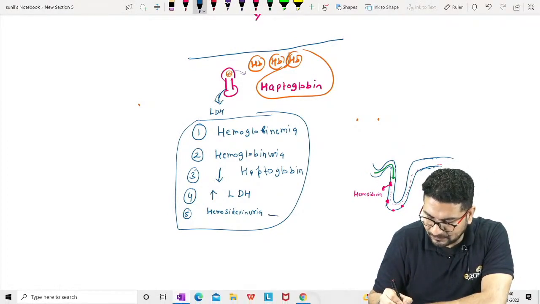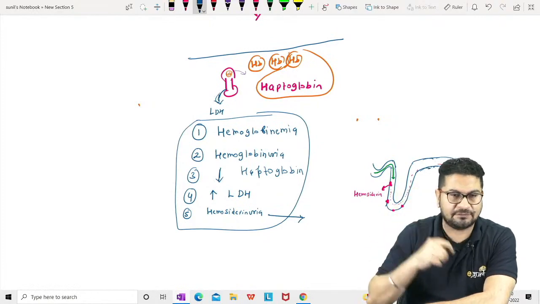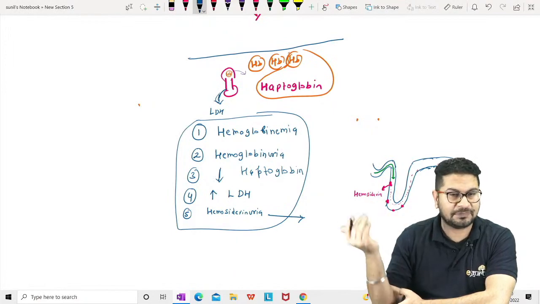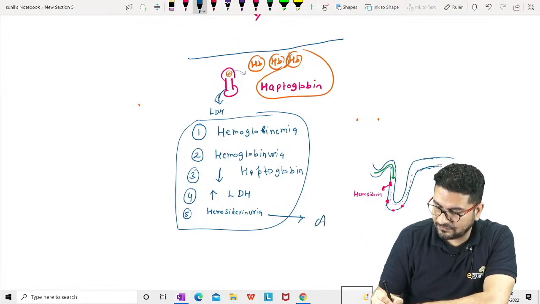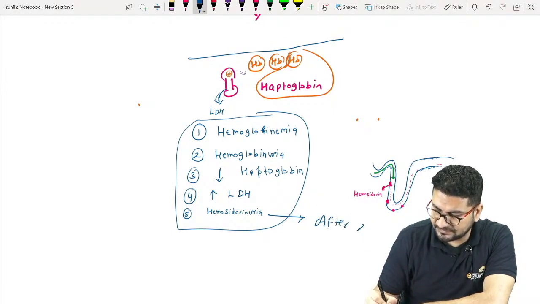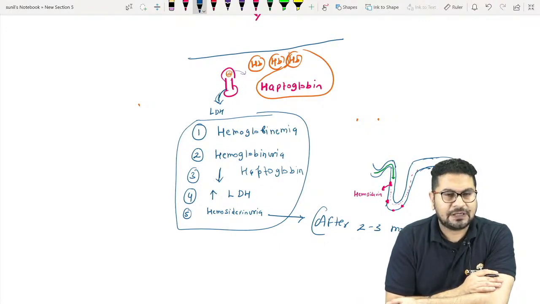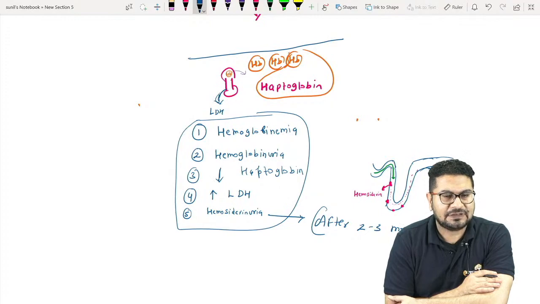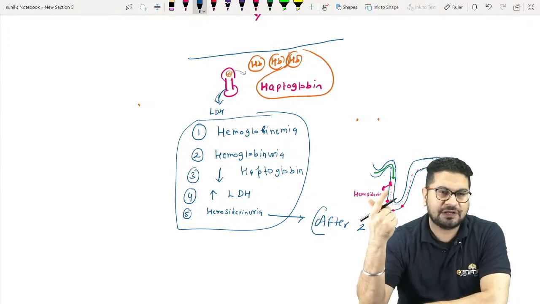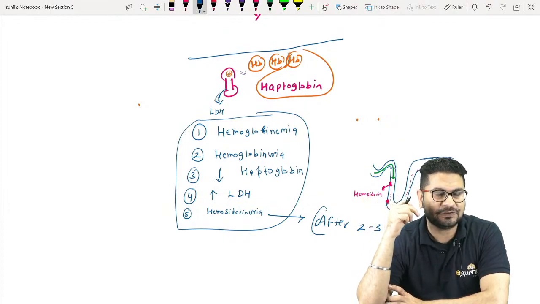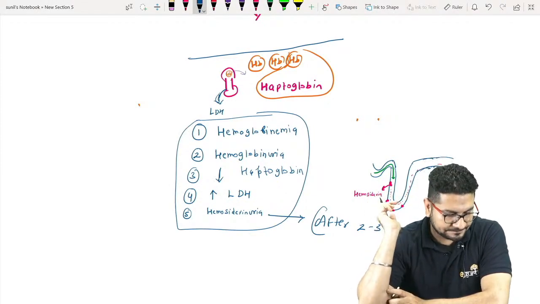But remember, if you are having hemolysis today, hemosiderinuria will occur after 2 to 3 months. So if I ask you, what are the 5 features of intravascular hemolysis? Hemoglobinemia, hemoglobinuria, low haptoglobin, increased LDH, and after a few months you may notice hemosiderinuria.